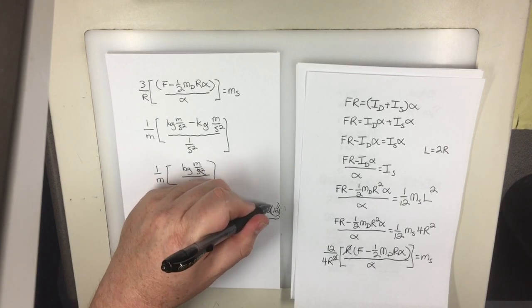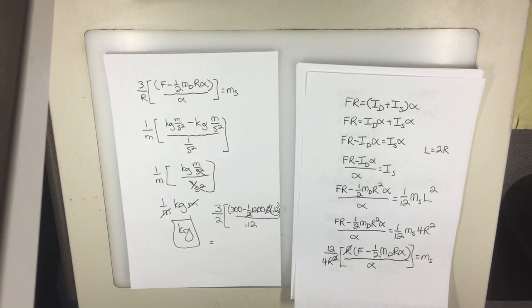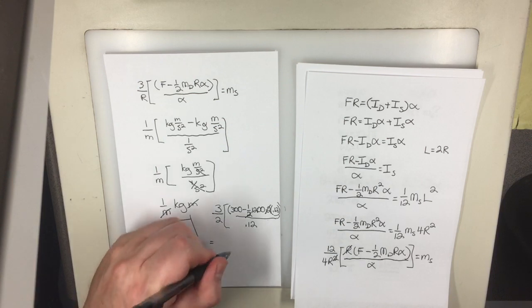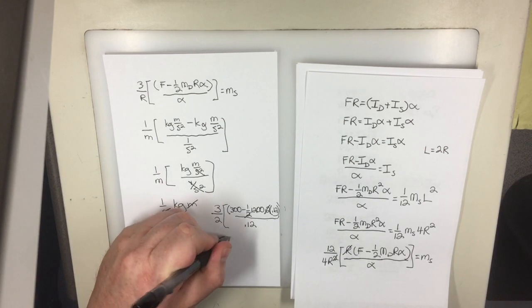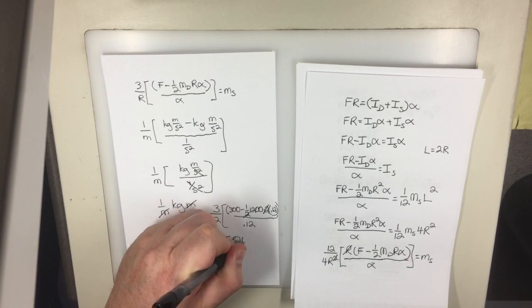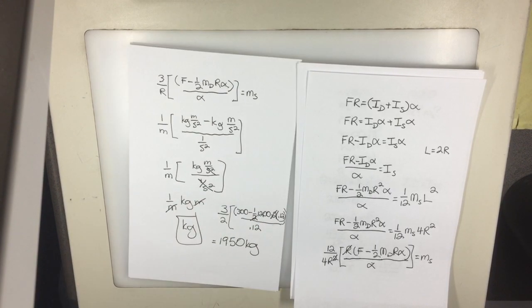So that cancels with that 2. I'm left with 300 minus 1200 times 0.12 divided by 0.12, times 1.5, and I get an answer of 1950 exact kilograms.